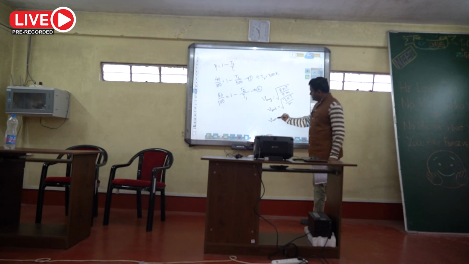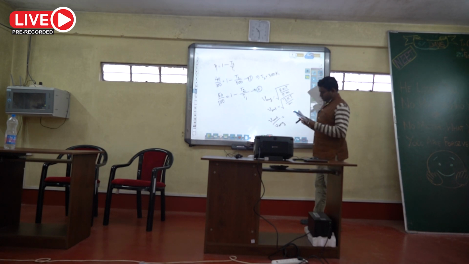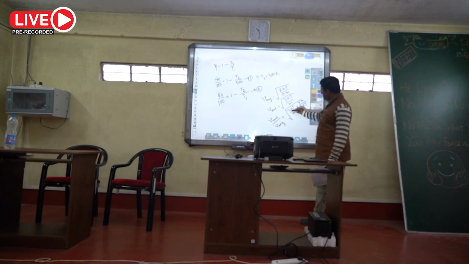Because V RMS by V average, the RMS speed is given, root over of 3kT by m into pi m by 8kT. kT cancels, m cancels, so it will be root over of 3 pi by 8.